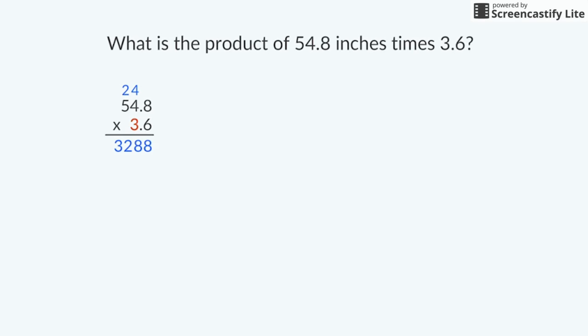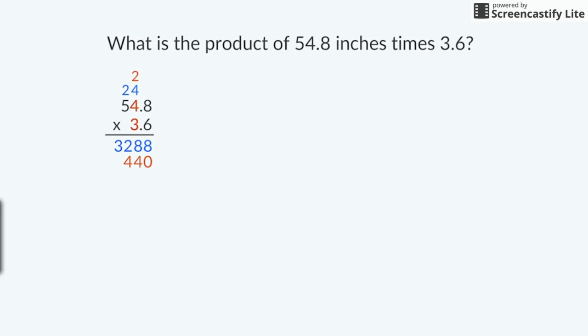Next, I multiply 3 times 548. Because the 3 is in the second place, I place a 0 in the first place. 3 times 8 equals 24. I write the 4 in the product and regroup the 2 to the next place. Then, 3 times 4 equals 12, plus the 2 I regrouped equals 14.